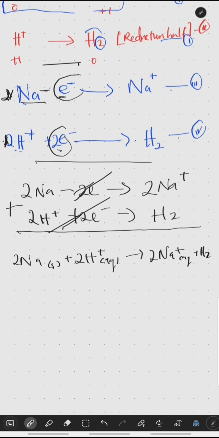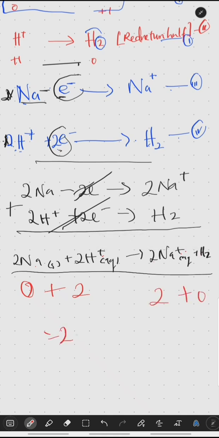Now this is the overall equation, so let's confirm if it is correct. From here, sodium is standing alone, 0 times 2, that's 0, plus hydrogen is plus 1 times 2, plus 2. Now here, 2 times sodium, that's 2 times 1, sodium is coming plus 1, 2 times 1, that's 2, hydrogen is 0. So at the end of the day, you can see that the right hand side is equal to the left hand side.